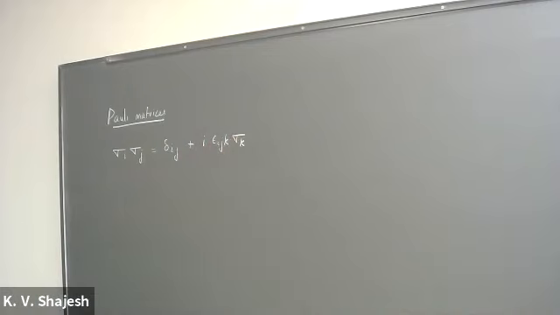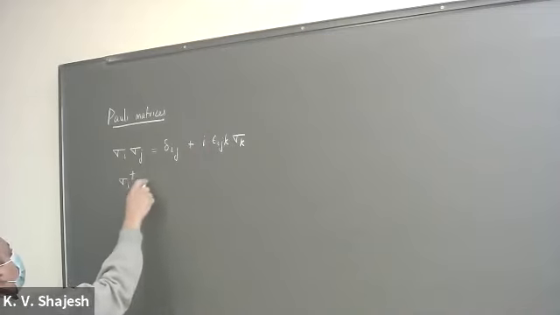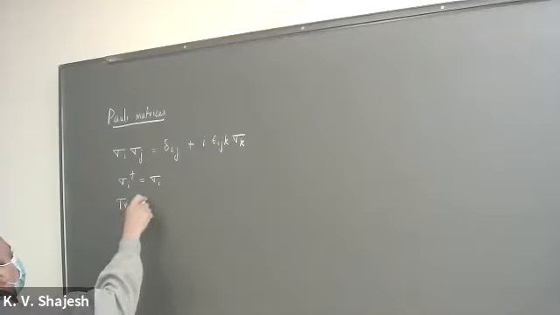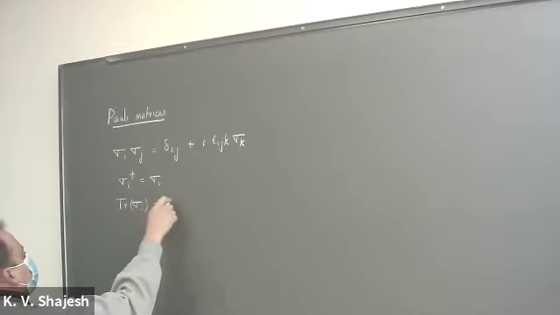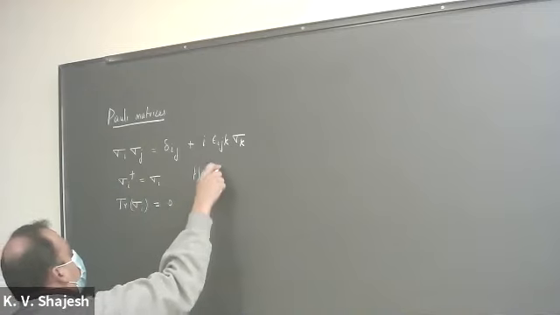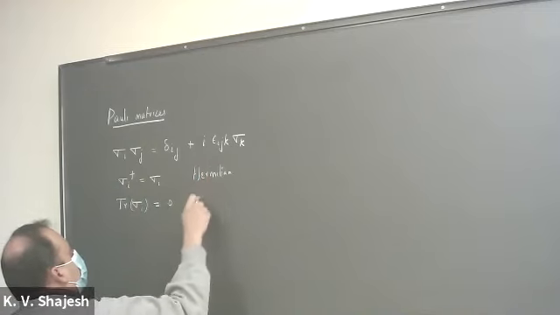Pauli matrices are Hermitian. That means to say that sigma_i dagger is equal to sigma_i. They're also traceless, trace equal to 0. So this is Hermitian, traceless.